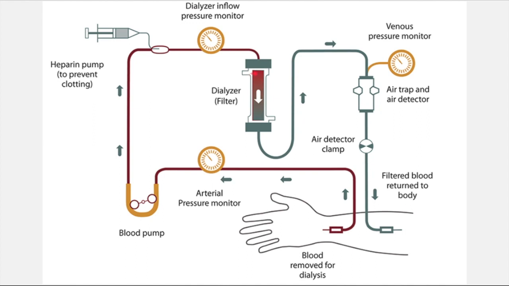The outlet is where the used dialysate solution is pumped out and is to be discarded. So all of the dialysate solution that has the waste will then come out here on this notch here.